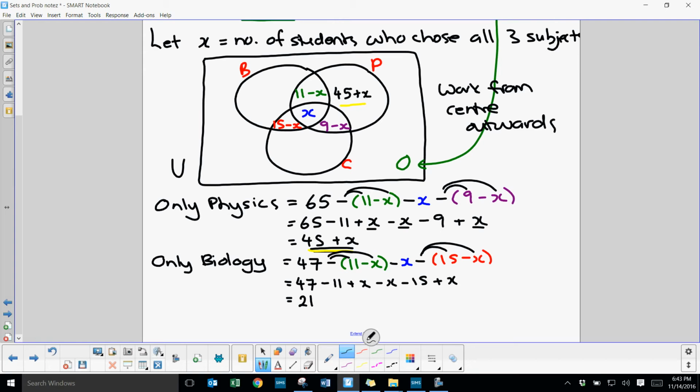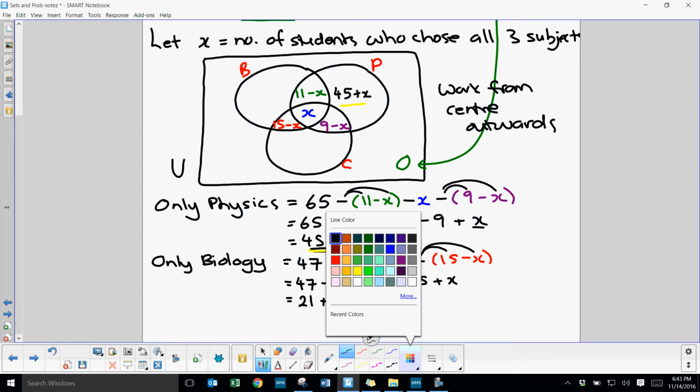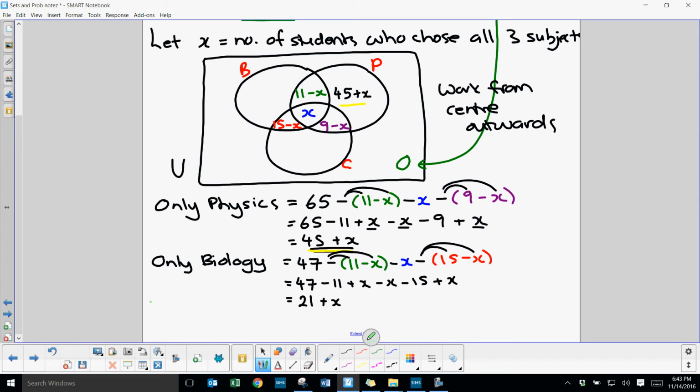And again, you've got plus x, minus x, plus x, which simplifies to plus x. And maybe let's underline this in a different colour. Let's put this nice green under here. 21 plus x. So we'll write that up here. 21 plus x is an expression to represent how many are bio only.